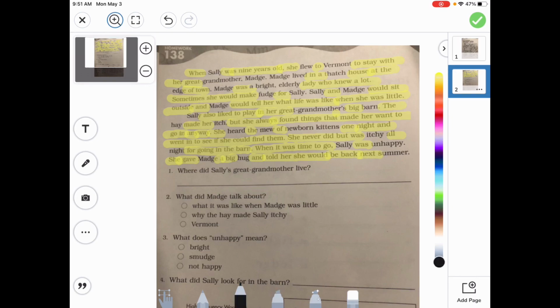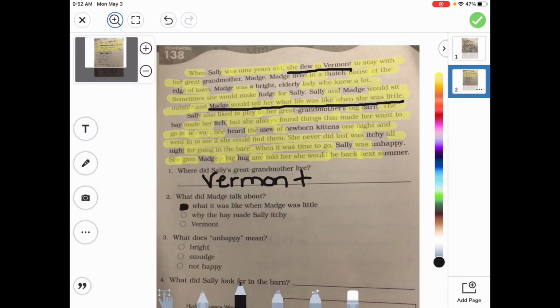So where did Sally's great-grandmother live? So up the part it says she flew to Vermont to stay with great-grandma. So Vermont. What did Madge talk about? It says Madge would tell her what life was like when she was little. So it says what it was like when Madge was little, why the hay was itchy or Vermont.